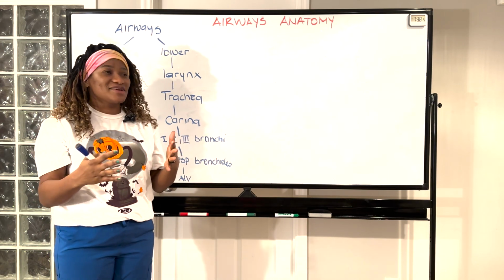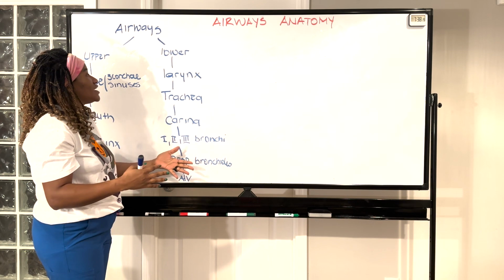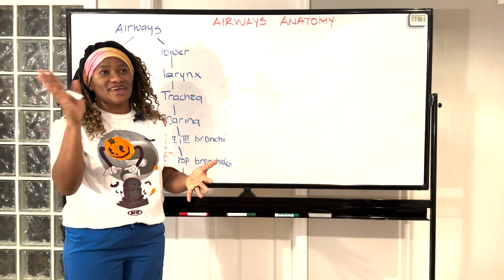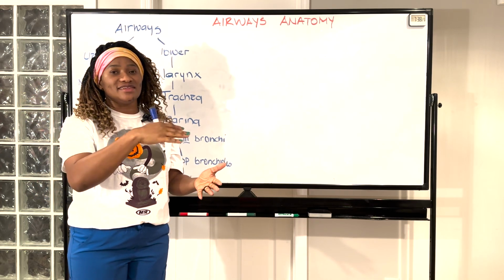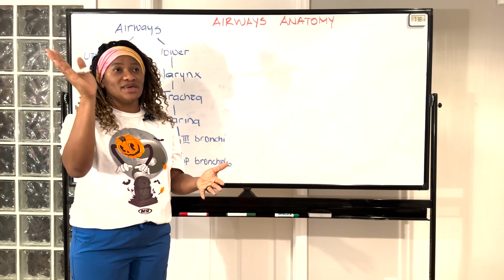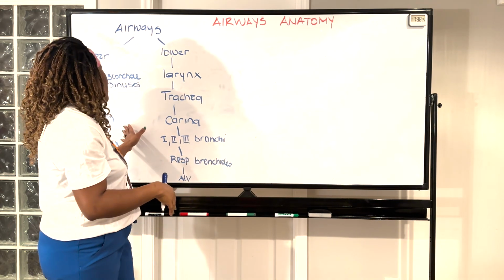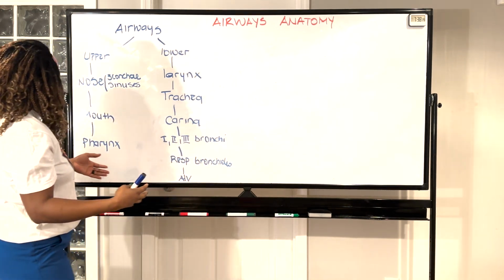We're going to see how the mouth helps, because when we get into the lower airway, we have the mucociliary escalator that is comprised of the cilia and the mucus that propels all the germs up to be swallowed into the mouth. So this is how the mouth is involved in the airways.